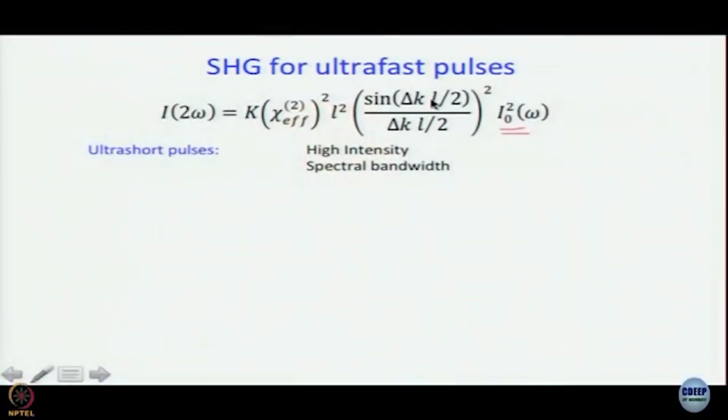So, this is not a plane wave. We will discuss maybe in the next module what it is, but this is a problem. How are we going to achieve delta k equal to 0 when there are so many k's? You get the problem? It is a problem. So, the problem is that you have to somehow achieve phase matching for the entire band.